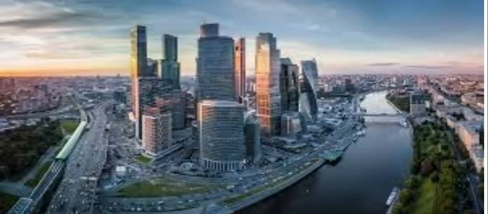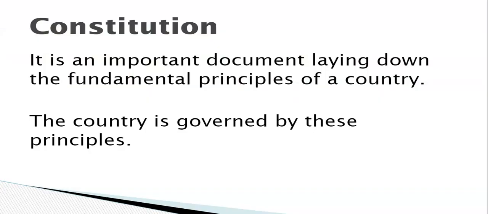A written document in which we find such rules is called a constitution. Thus, we can say that constitution is an important document laying down the fundamental principles of a country. The country is governed by these principles.